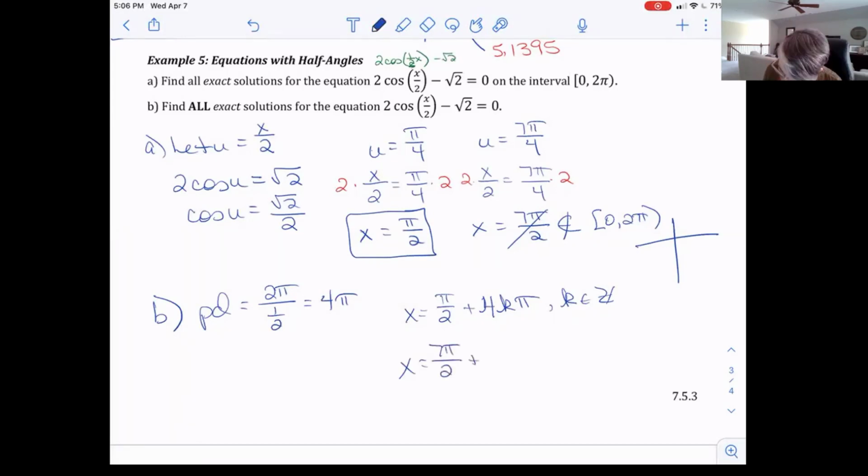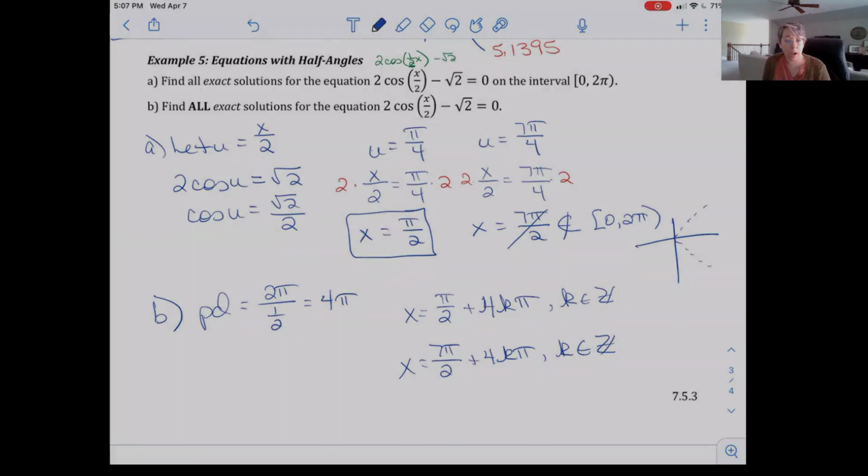So 7 pi over 2 plus 4k pi, where k is an integer. So when we are dividing those by 2, we would get the pi over 4 and the 7 pi over 4 in this quadrant 1 and in this quadrant 4.